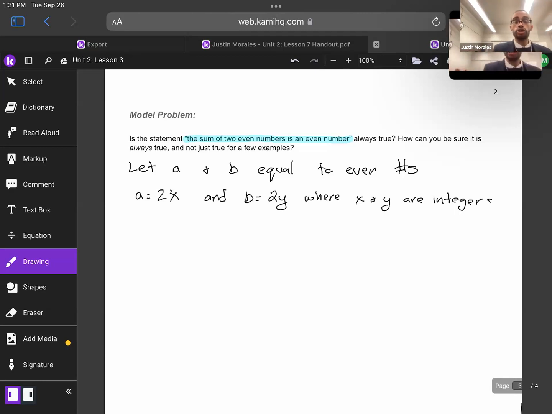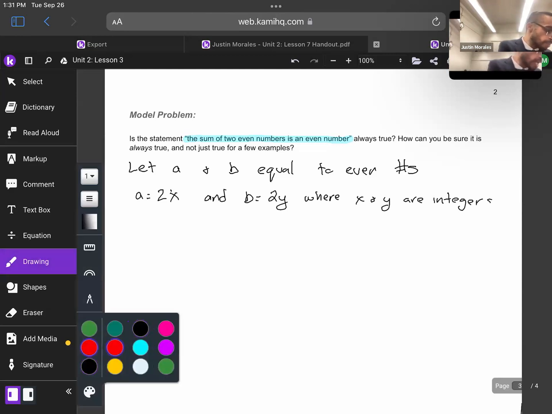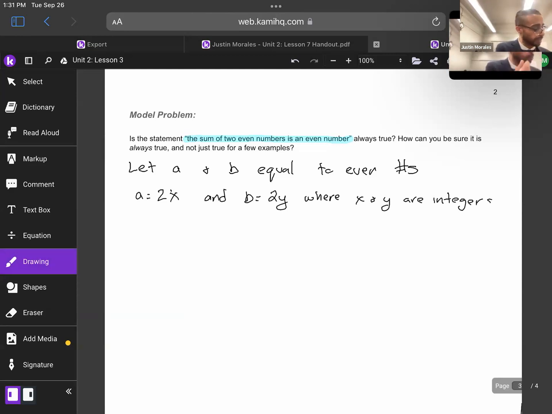In black, I'm going to write the statement. In red, I'm going to say why we're allowed to say the statement. So why are we able to say A equals 2X and B equals 2Y? Because this is our definition of even numbers.